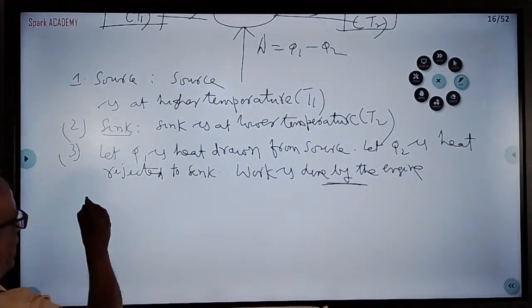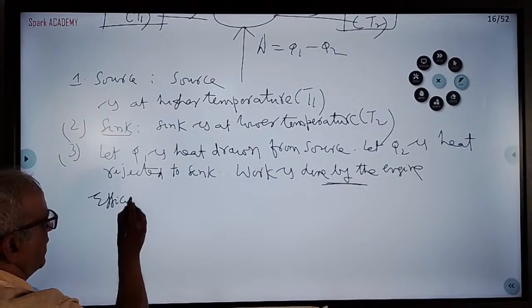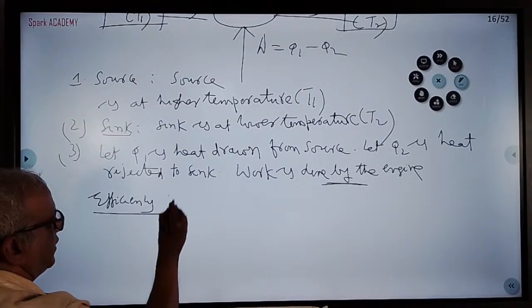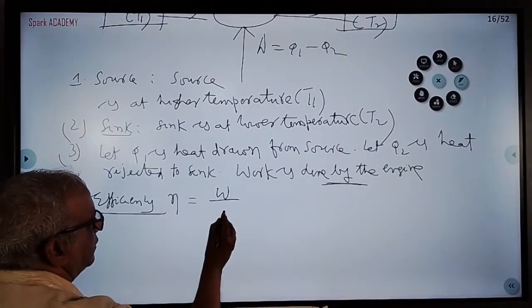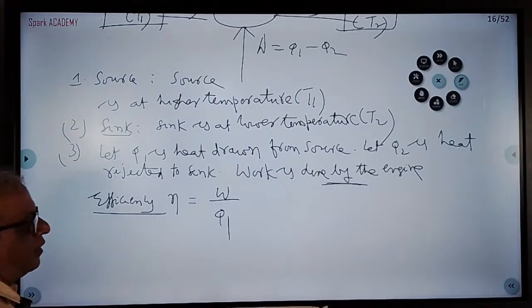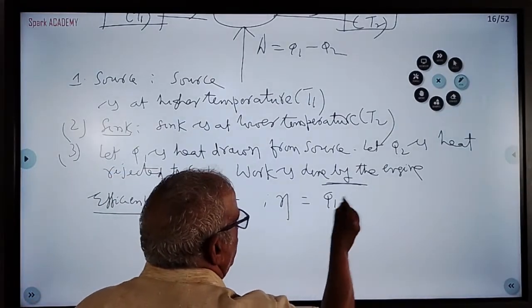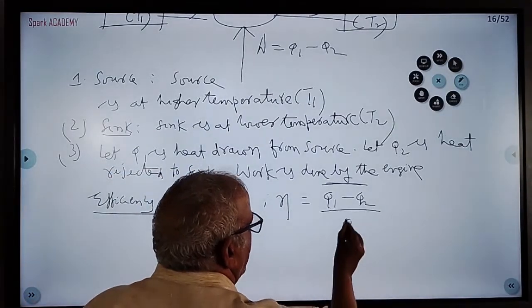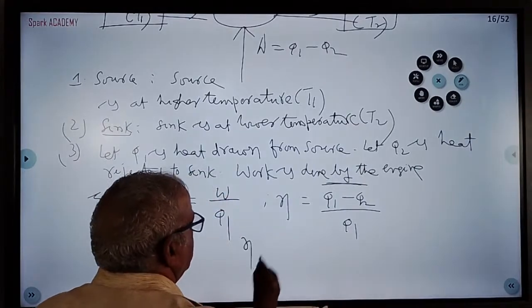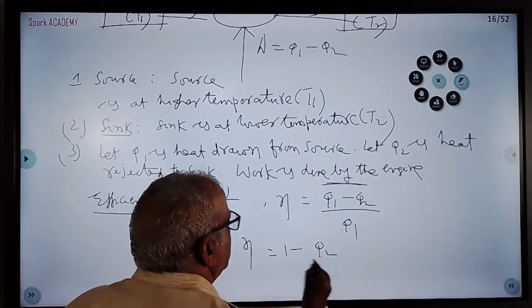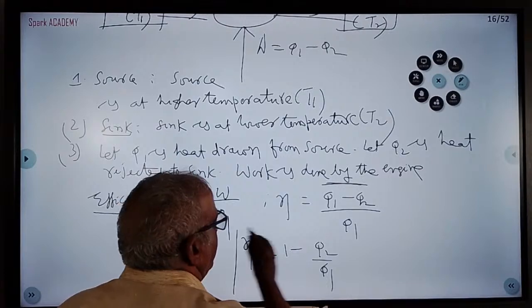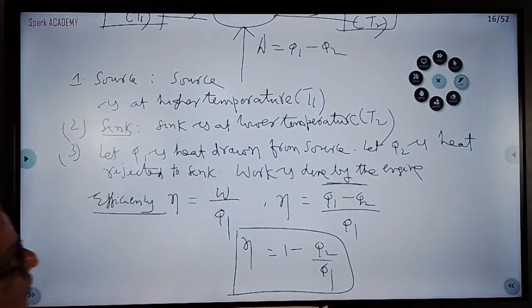Now I'm giving you the efficiency. Efficiency eta is given by work done divided by Q1, the heat drawn from the source. W is nothing but Q1 minus Q2, so efficiency is (Q1 minus Q2) by Q1, which is 1 minus Q2 by Q1.